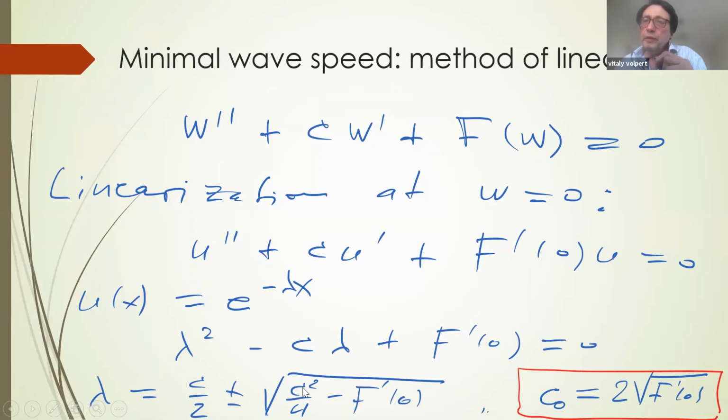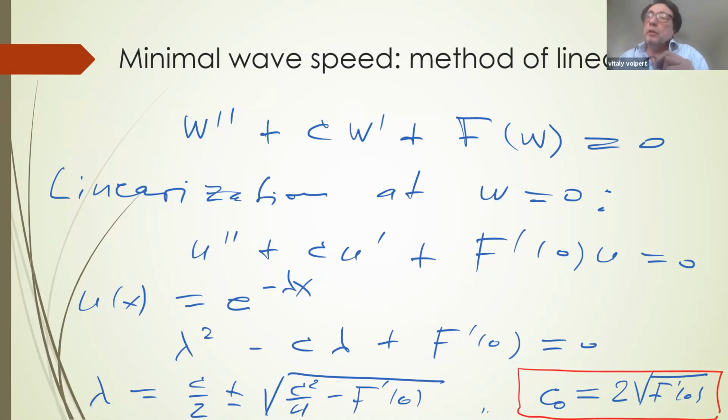This means that c squared is greater than or equal to 4 f prime 0, and so we obtain here the minimal value of speed for which this condition is satisfied. So we obtain the minimal value of speed c0 equals 2 square root of f prime of 0.